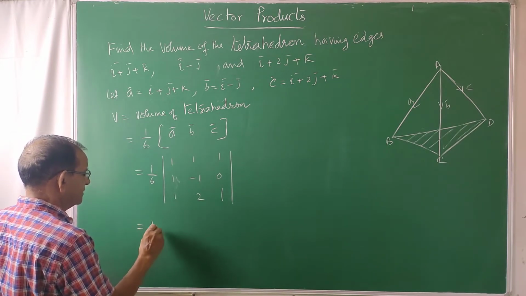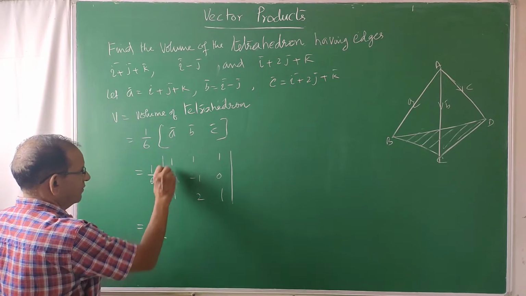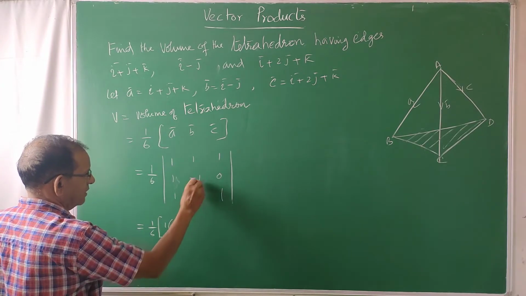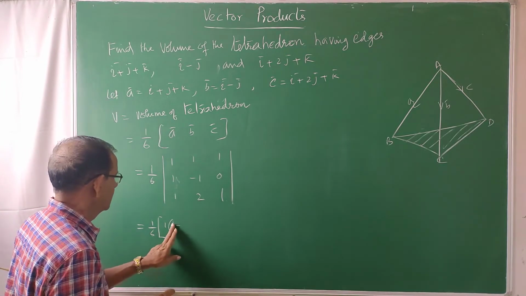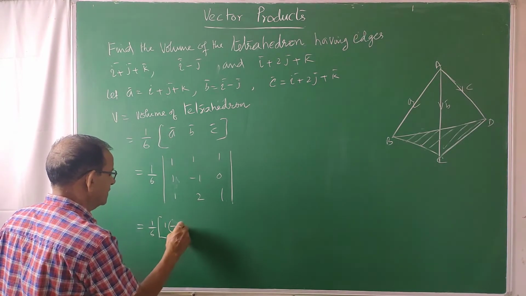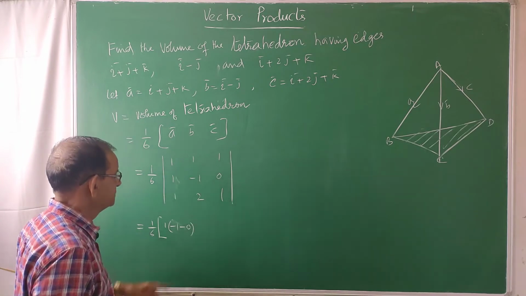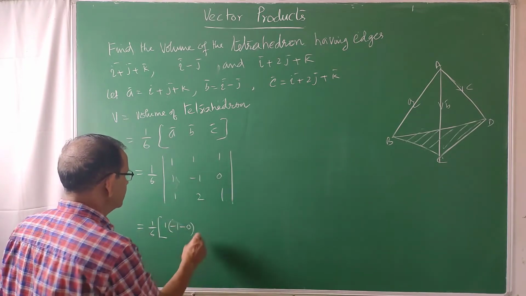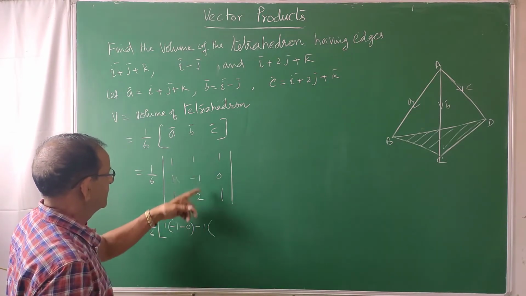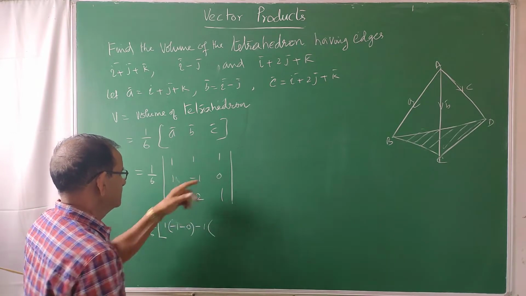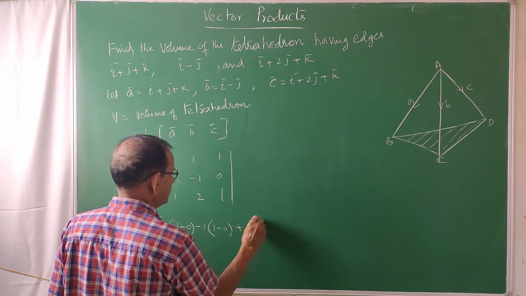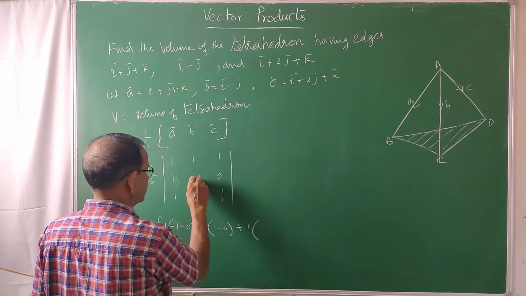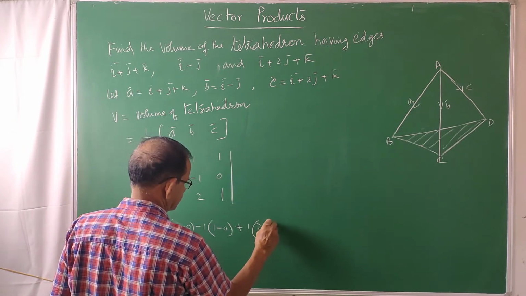1 by 6 into 1 into minus 1 minus 0, minus 1 minus 0, minus 1 into, delete this column and row, 1 minus 0, plus 1 into 2 minus minus 1, 2 plus 1.